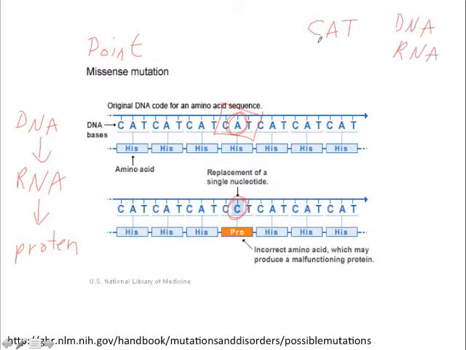C pairs with G, A pairs with U in RNA, and T pairs with A. And then this triple right here gets translated into one amino acid to make protein. This particular amino acid is histidine. So it will then get translated into the amino acid histidine.